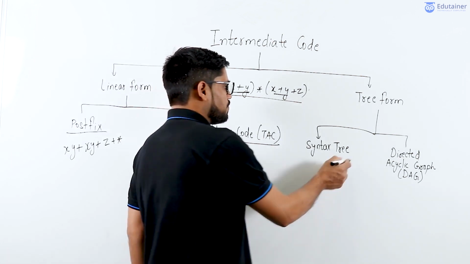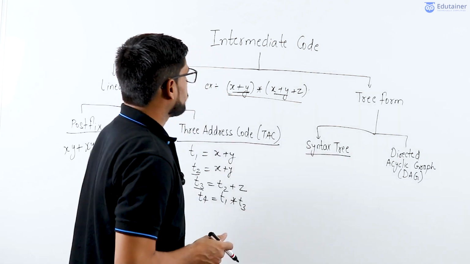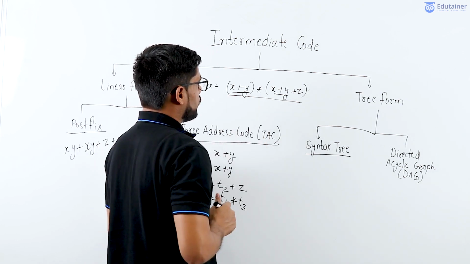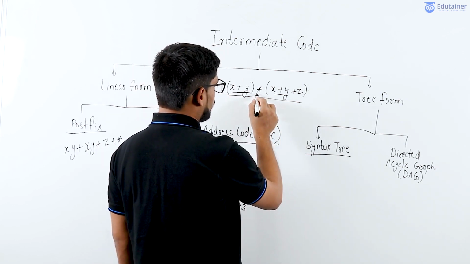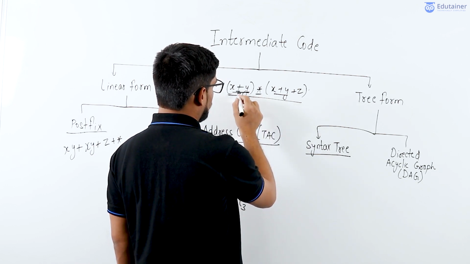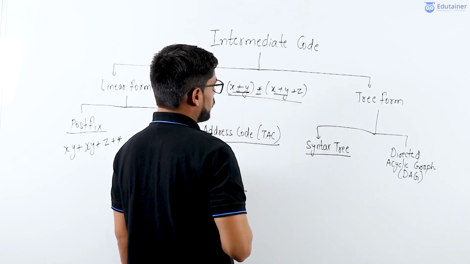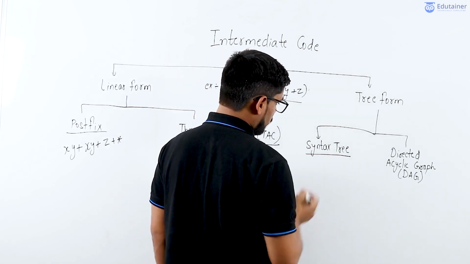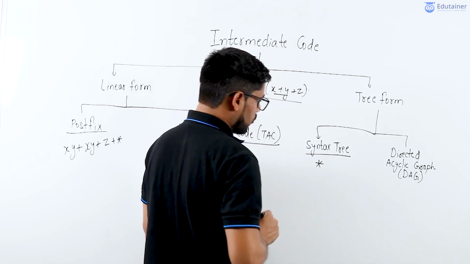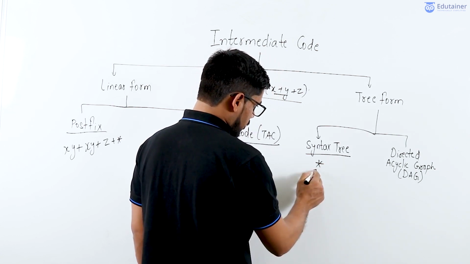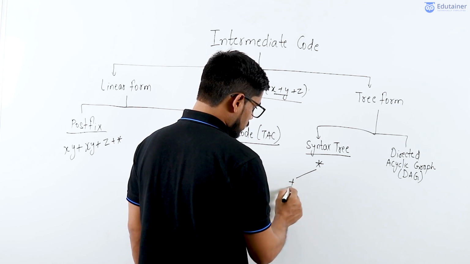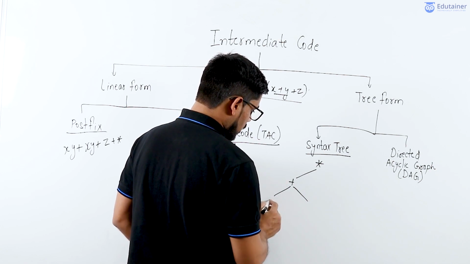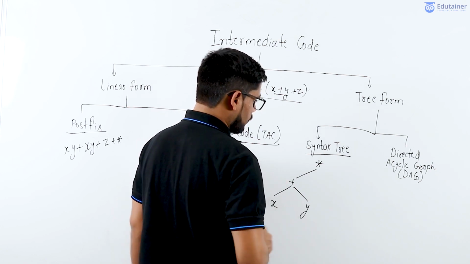Now in syntax tree, how can we construct the syntax tree for this line of code? First you have to analyze which operator has the highest priority. In this line of code, star is the higher priority operator, so star will be present at the top node. After that comes plus. On the left side, plus will contain x and y.